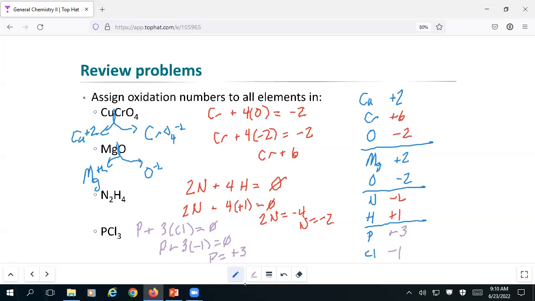I wonder how reactive the chromate is. And as we have seen in a number of circumstances in lab, chromates are pretty reactive to get that chromium down to a lower state. All right, any questions about oxidation numbers?